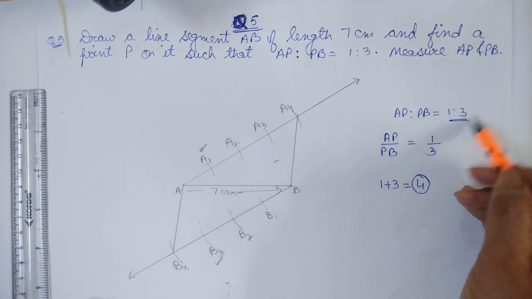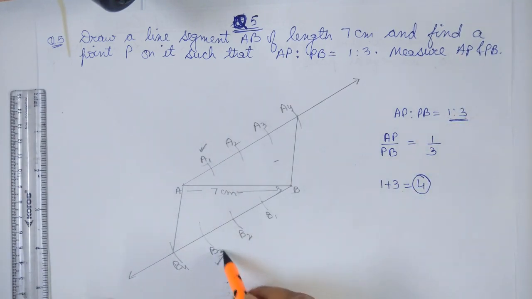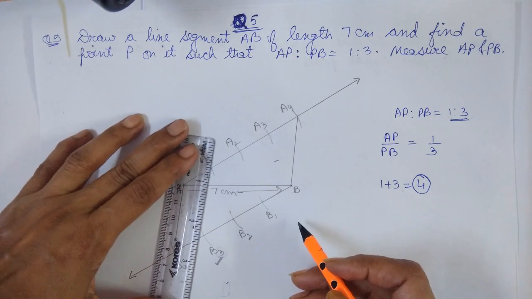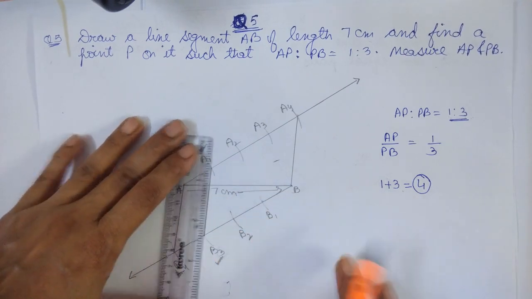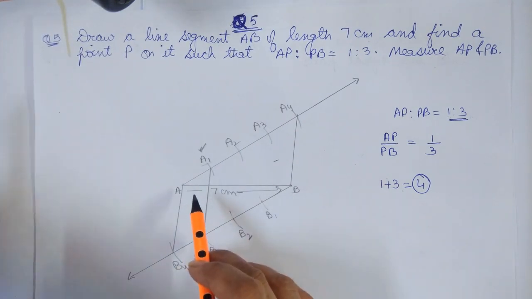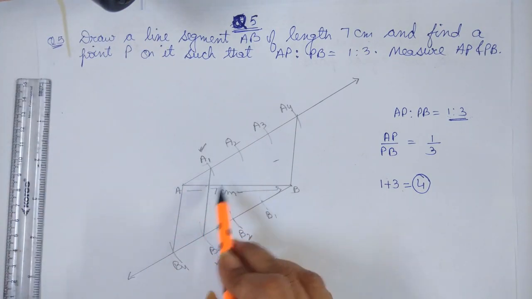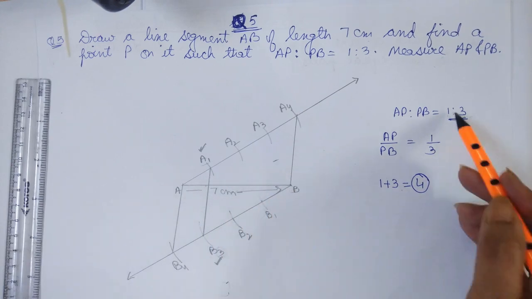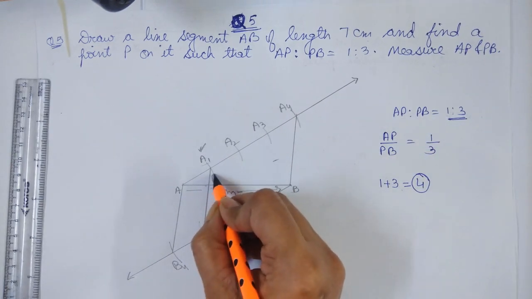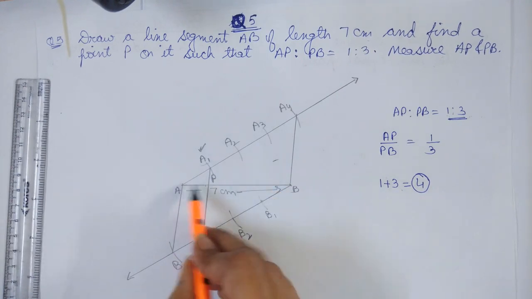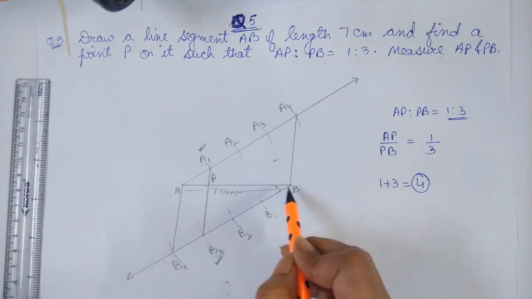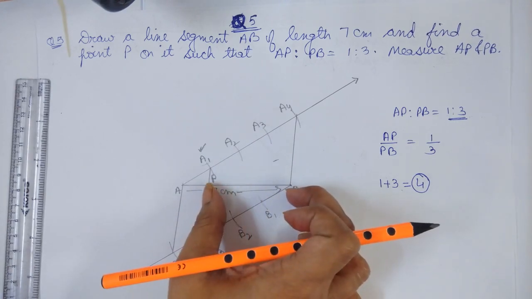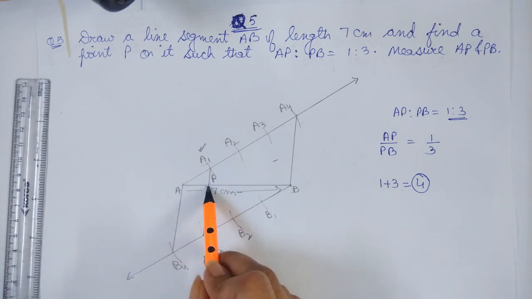Now join both the arcs. So what do you observe? This is the one part and this is the 3 parts, 1:3, and name it as P. So AP upon PB, you are getting 1:3. PB is 3 parts, and AP is 1 part.